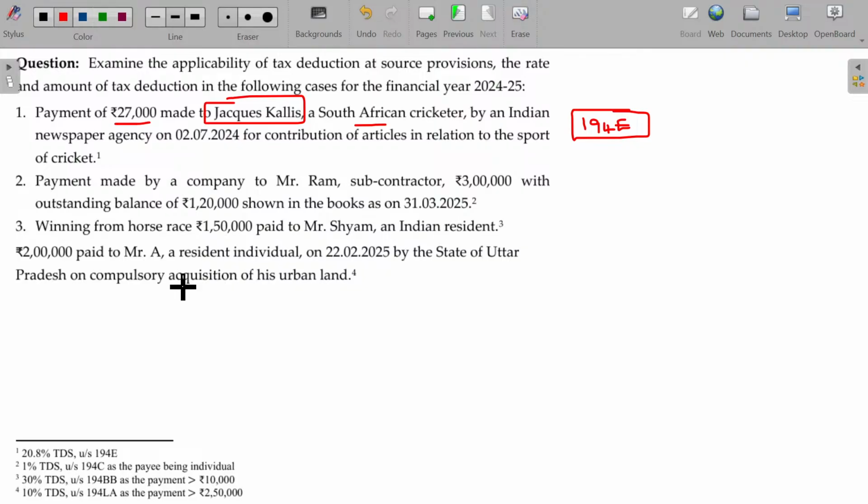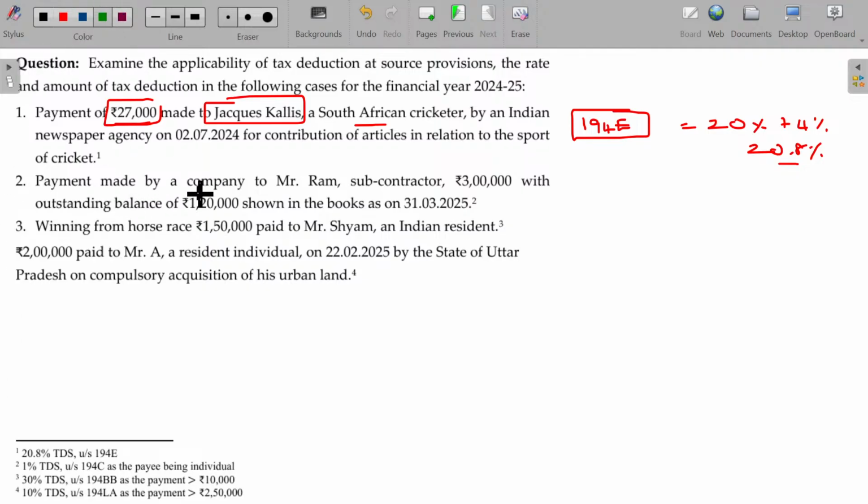Non-resident sports persons coming to India and playing, even writing an article or appearing as a brand ambassador for some product, then whatever the income they generate will be subject to TDS. The TDS includes surcharge and the health and education cess also. So because the payment is made outside India, non-resident, for 27,000, you have to levy at the rate of 20% plus health and education cess 4%. So 20.8% will be leviable. Okay.